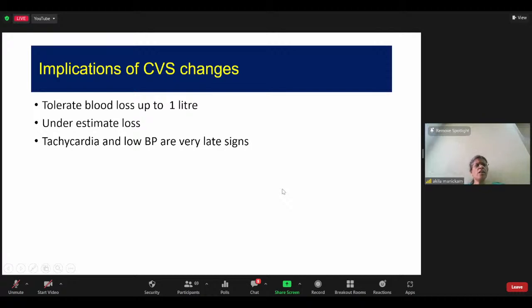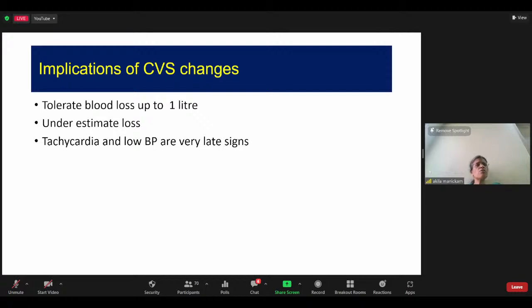Because the blood volume, as I said, increases to about 94 ml per kg, even when the patient loses around 1000 to 1500 ml of blood, they compensate very well and do not have symptoms such as hypotension. So we tend to underestimate blood loss. That is number one.